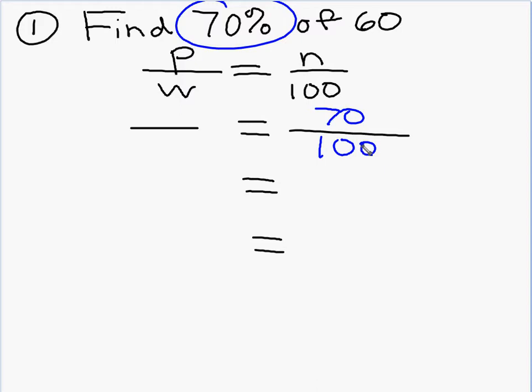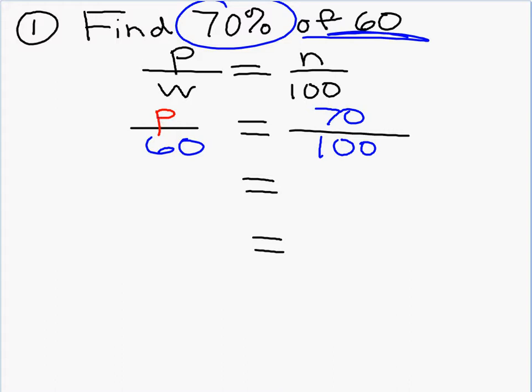Now the next thing I have to ask is this 60. Is that a part or a whole? It's a whole, because we're finding a percentage of the whole. So I put the 60 where the whole goes, and then I'm going to be solving for the part. Now this is the one time when the term or the phrase cross multiply is actually correct.